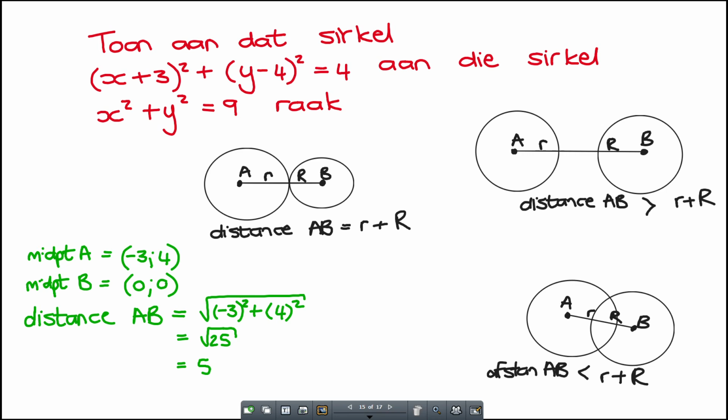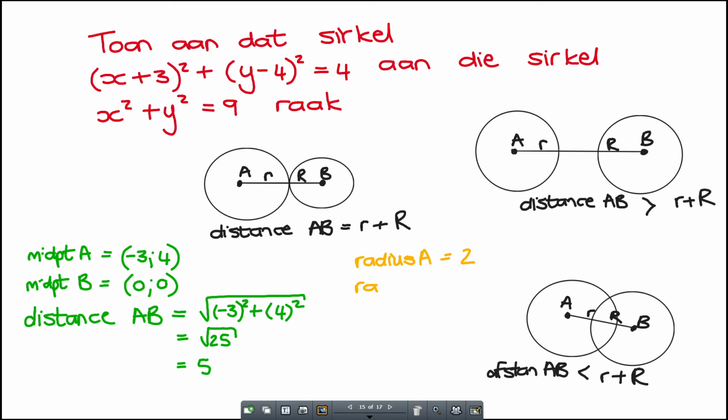Okay, right, nou, kyk gou-gou, kom ons praat maar weer van A. What's the radius of this one? 2, nee, want onthou, daar is radius squared, is 4, so radius will just be 2.